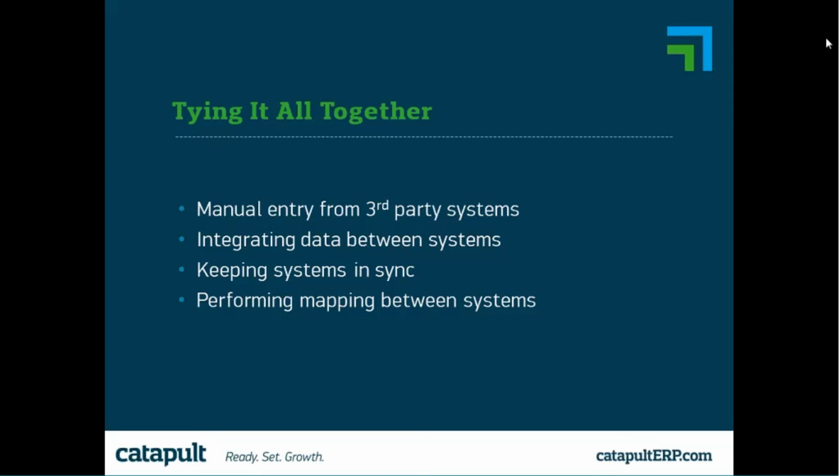We want to make sure we're not leaving a gap where someone might underpay, overpay, or not be charged for something because a third-party system or a shadow system has the data and your ERP system doesn't contain the same data. That happens quite a bit, where people don't have a procedure to know that the information has been entered between two systems. So making sure that we can tie all of that together is critical.